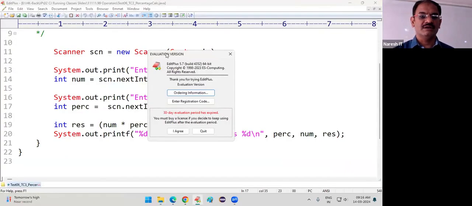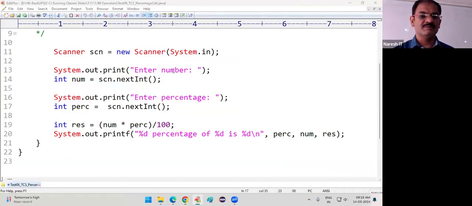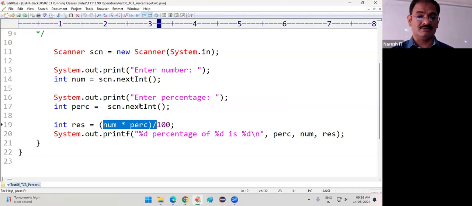Okay, tell me the same program. Here, in place of number, what did you ask? Salary. Here percentage. Is salary int or double? Double. Percentage also? Int or double, your wish. And then the same formula, here we find the percentage.